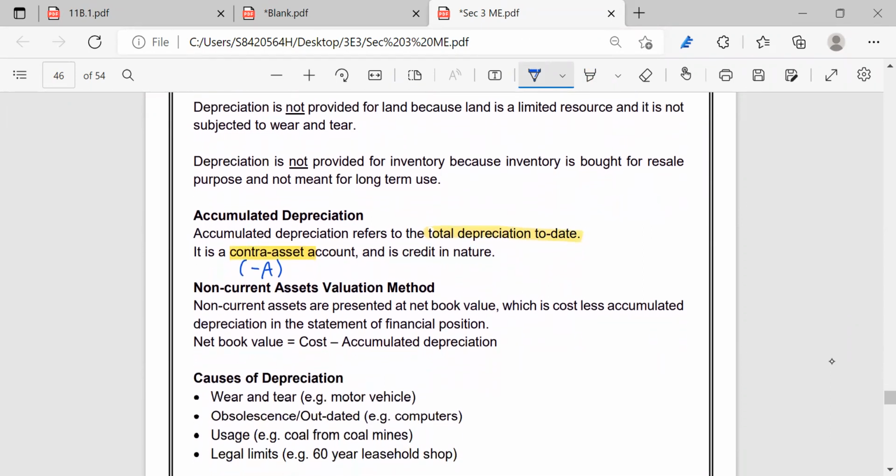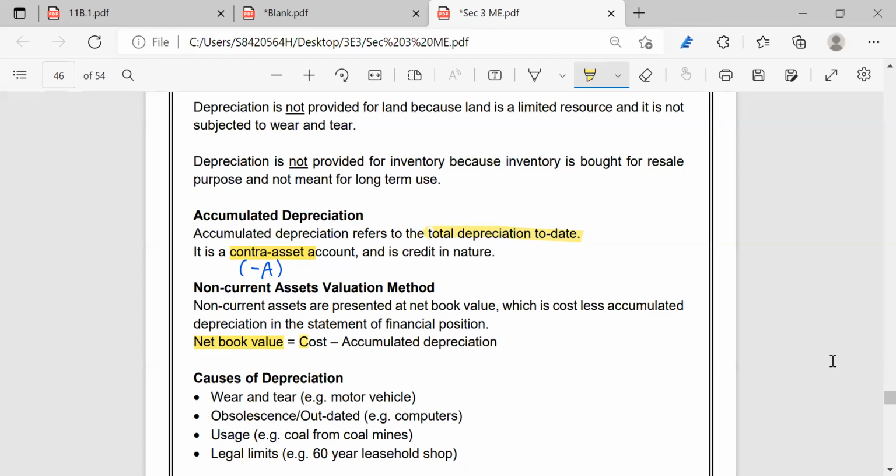Inside our statement of position, we will always present our NCA at net book value. Net book value is how much you value that particular NCA. As I told you, as you use up your NCA, its value will get smaller and smaller.